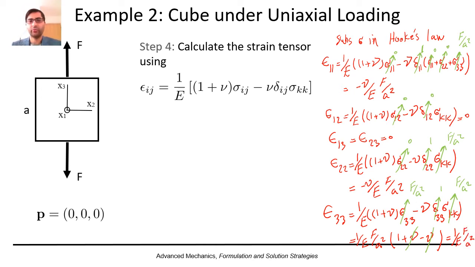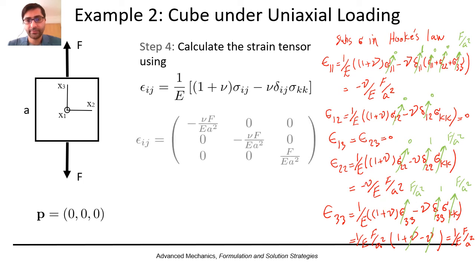Okay, you see that we found all of the strain tensor elements based on stresses. And here it is, the strain tensor is minus nu F over E a² for epsilon 11 and epsilon 22, and F over E a² for epsilon 33.